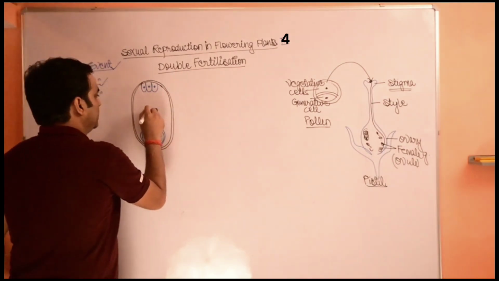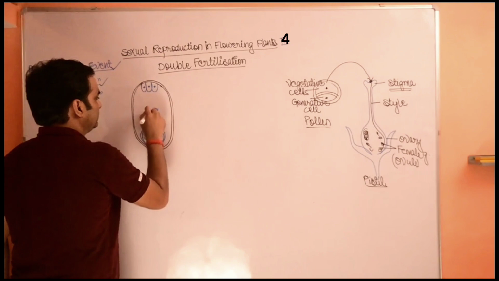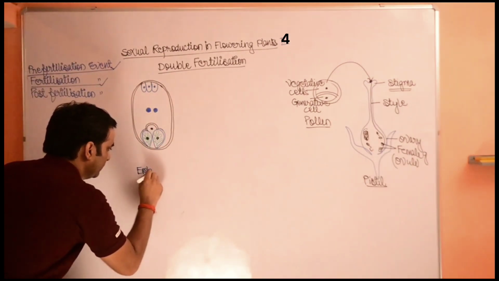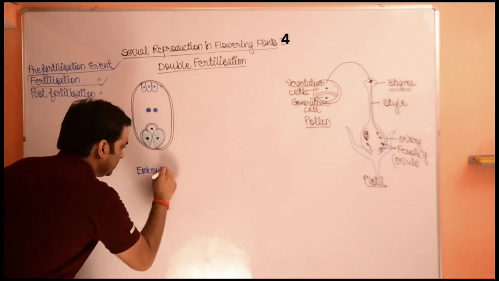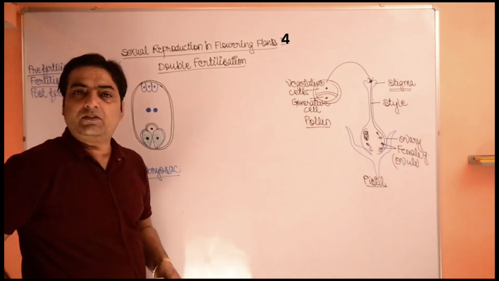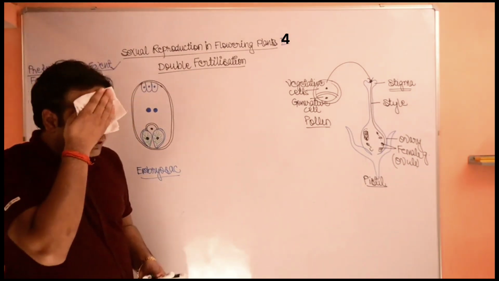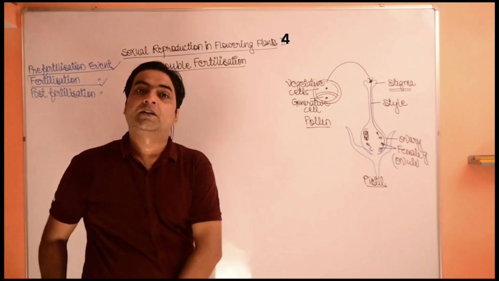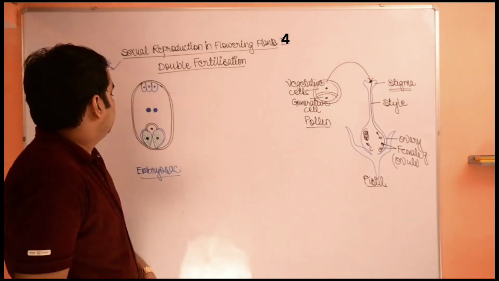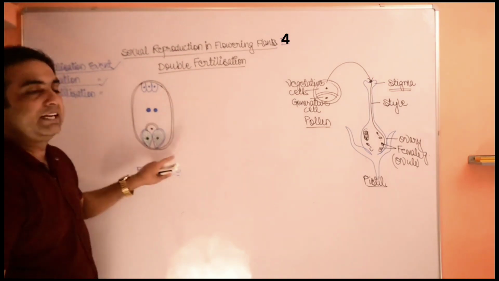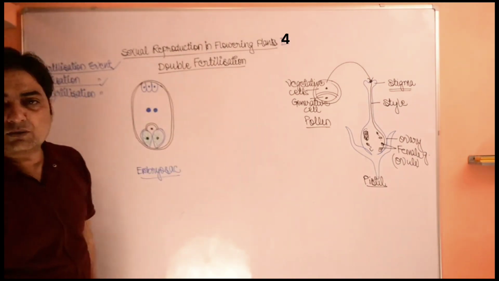So this is what I have drawn, an embryo sac. Remember this structure, students, it is very important for your board examination or anywhere else, and if you are studying botany or biology, we have to discuss the embryo sac when studying sexual reproduction.